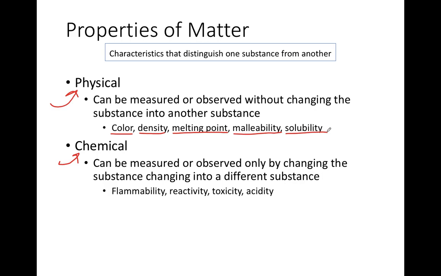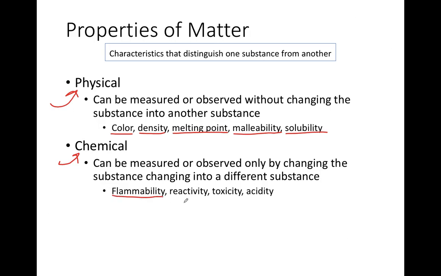Whereas a chemical property is actually measured by changing the actual substance. So even if I have the same elements present, if they're bonded in a different way or bonded with different elements before and after some type of process, that essentially means that it's a chemical property.